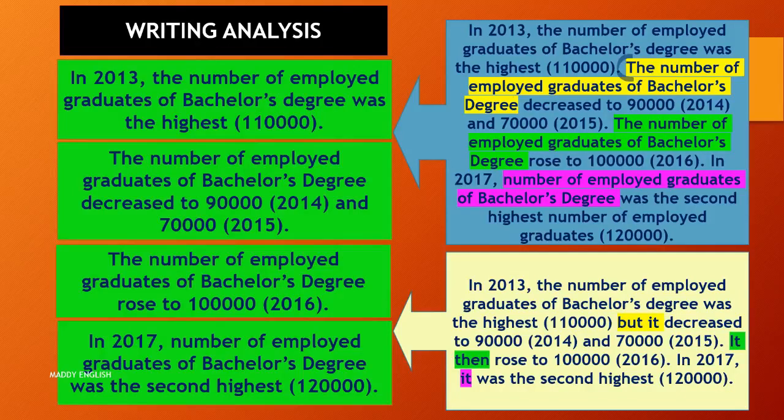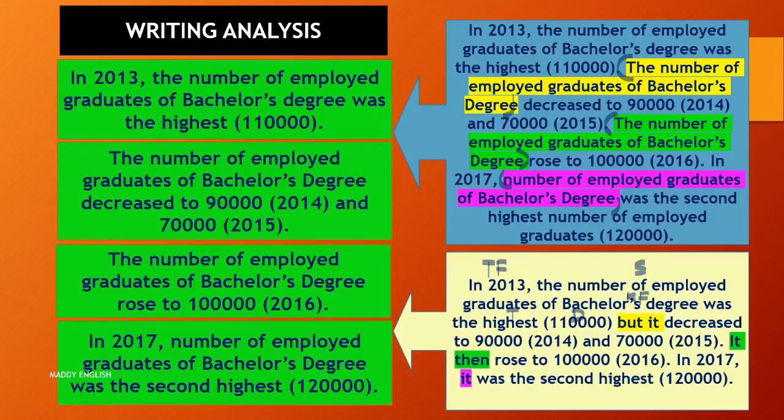So in order to prevent all this repetition of words, we can try to use pronouns to replace these phrases. Take a look at the yellow box shown here. In 2013, the number of employed graduates from bachelor's degree was the highest, 110,000.